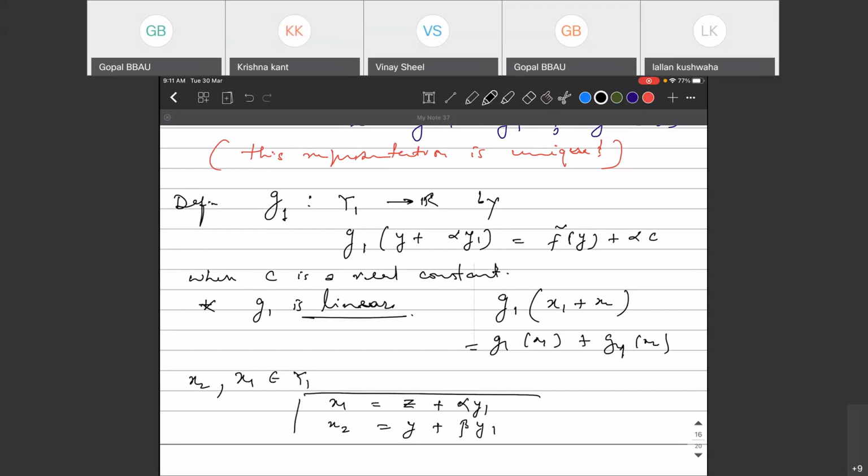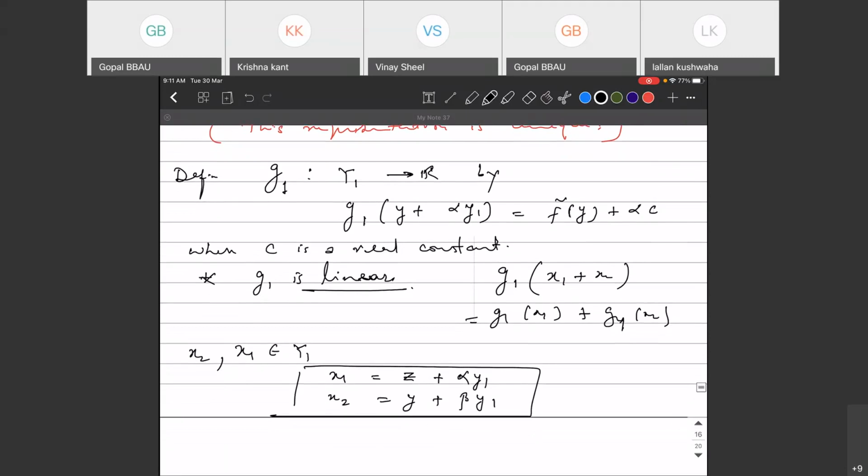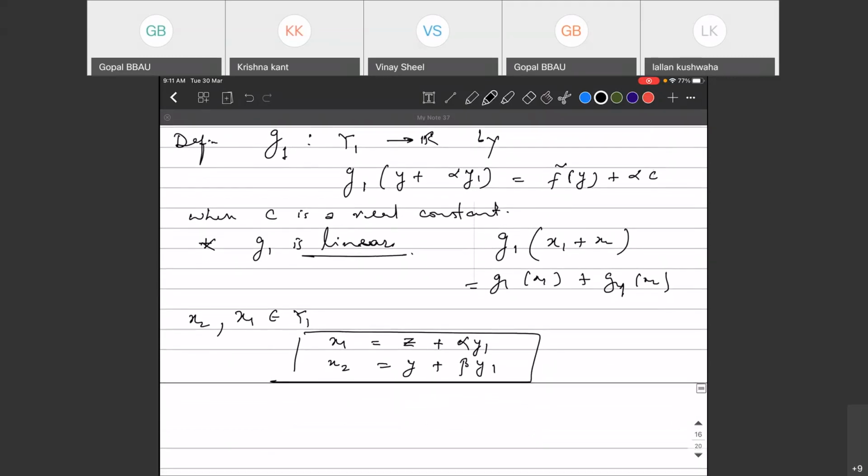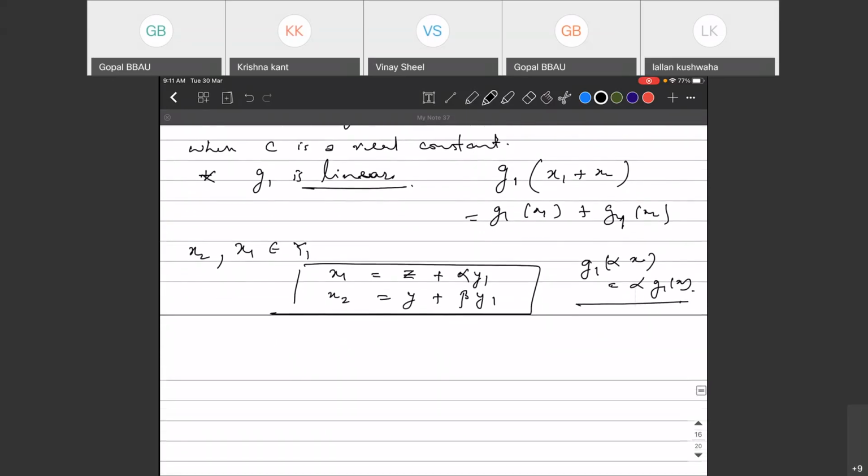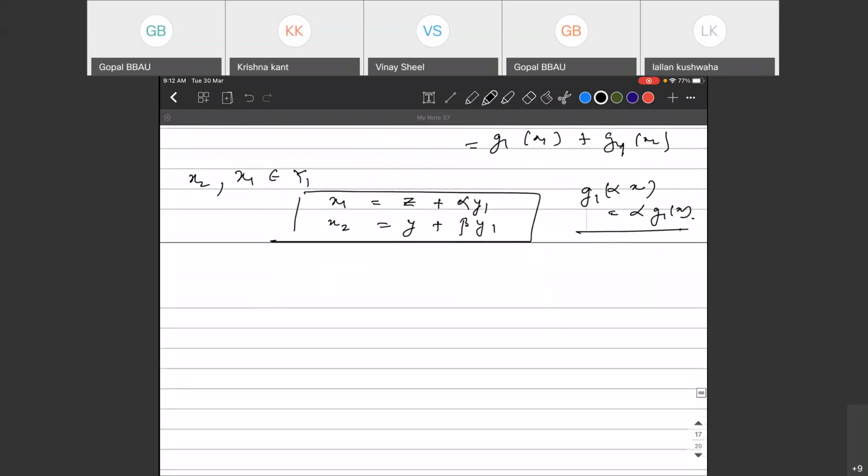Okay, so use this, and you can easily prove that g1 of x1 plus x2 is g1 x1 plus g1 x2. And one more thing you have to prove: g1 of alpha x is nothing but alpha times g1 x. Okay, so it is an exercise for you.